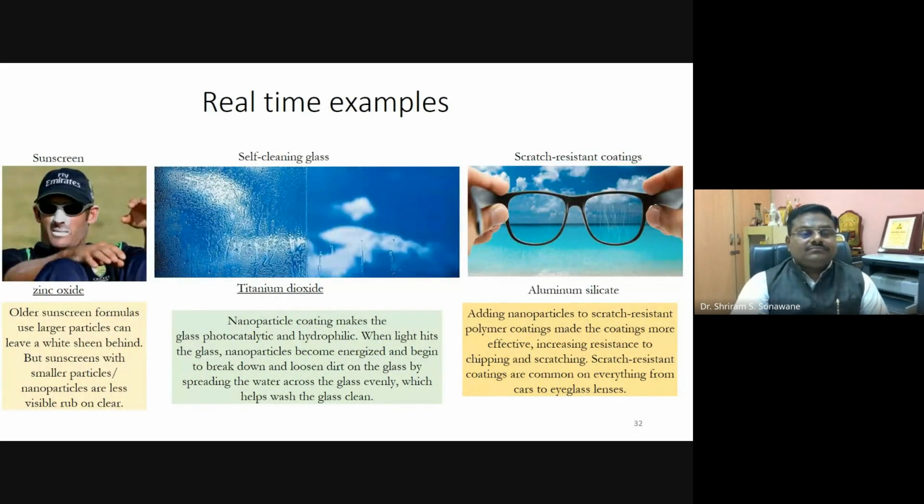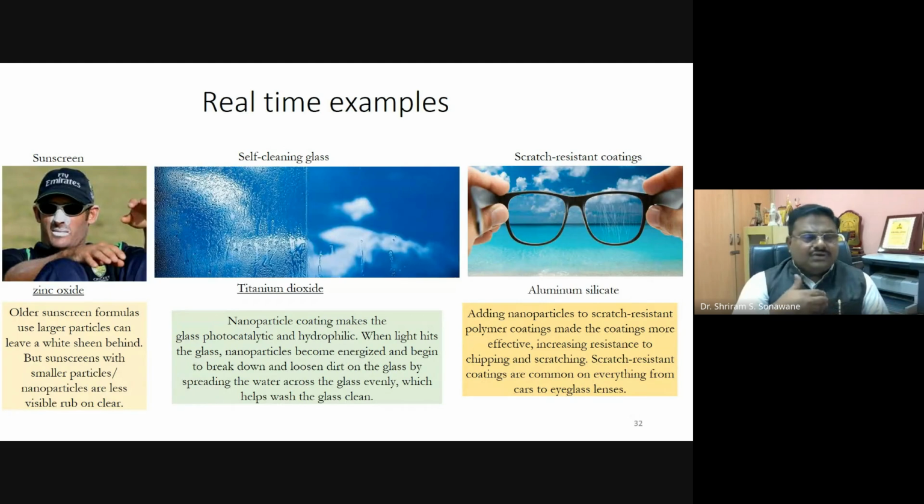slide. These are real-time examples basically. We can skip this example. Nowadays, all sunscreen lotions have some formula, okay? That formula is SPF, sun protection factor.